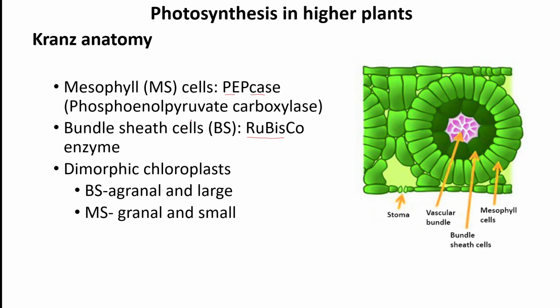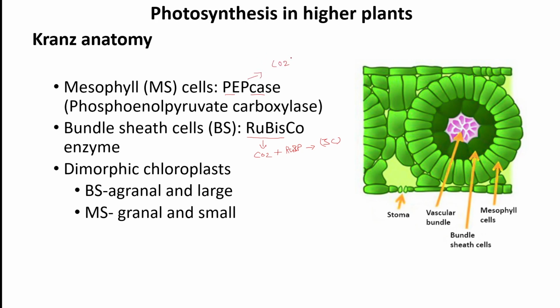Rubisco, as you already know, combines carbon dioxide with RuBP. This is the role of Rubisco. It combines carbon dioxide with RuBP, leading to the formation of a 3-carbon compound, 3-phosphoglyceric acid.